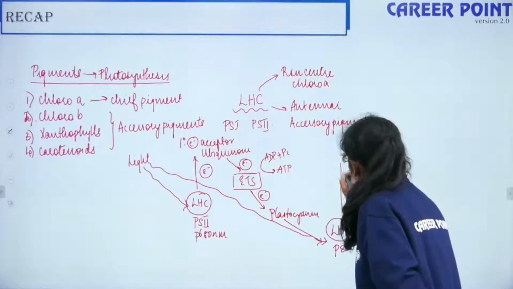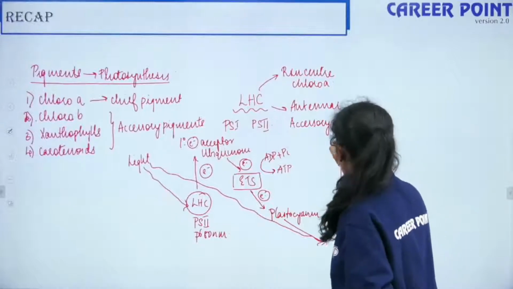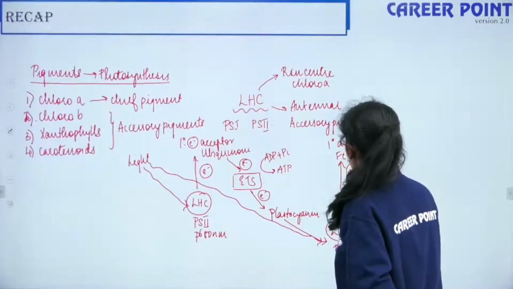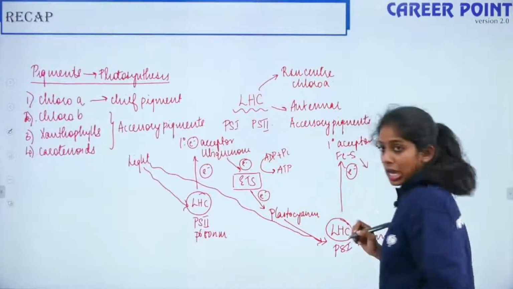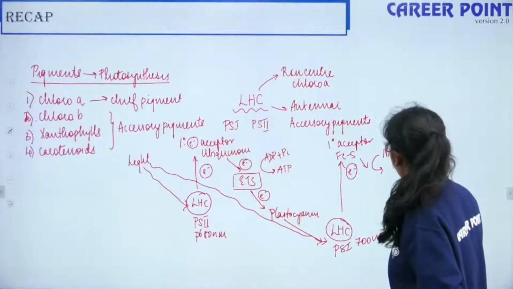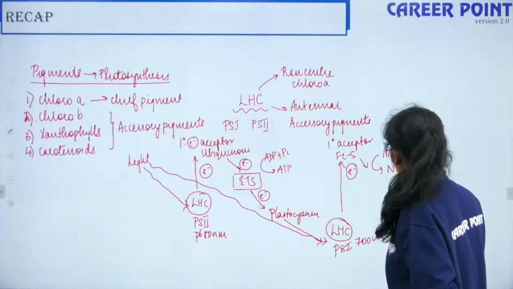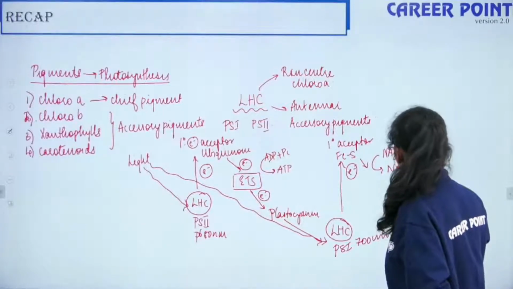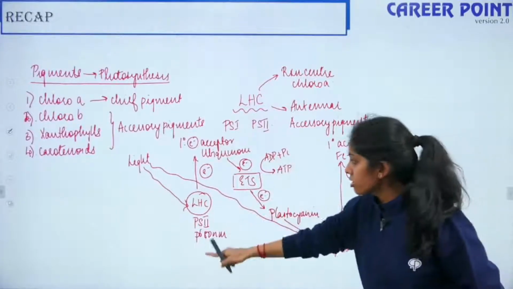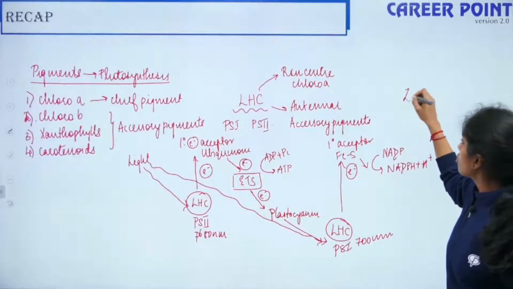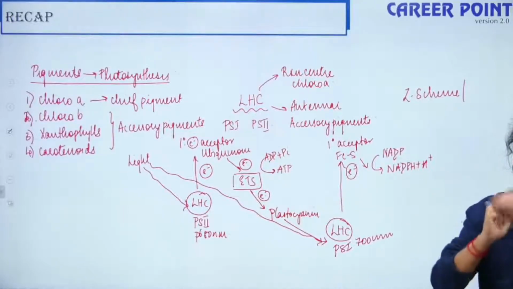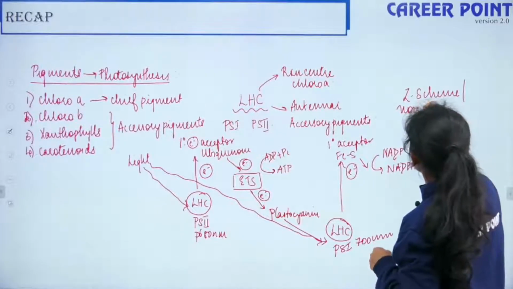Again the electrons are excited here, and the primary electron acceptor is the iron sulfur complex. Again the electron moves downhill, and you have the reduction of NADP to NADPH plus H plus. This entire process is in the shape of a Z, so it is also called the Z scheme. I also told you the Z scheme is also known as non-cyclic photophosphorylation.